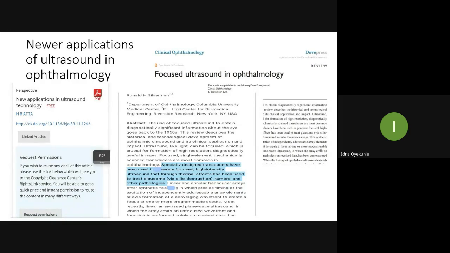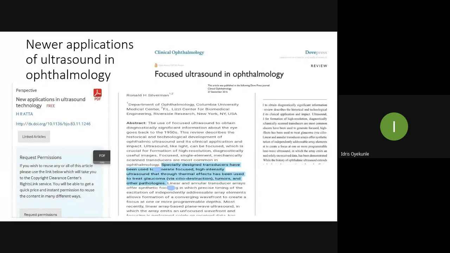But there are now specially designed transducers that have been used to generate focused high intensity ultrasound through thermal effects, and these have been used for therapeutic benefits. So there's focused ultrasound, and a study was published from the Department of Ophthalmology, Columbia University, who wrote an article on focused ultrasound in ophthalmology.